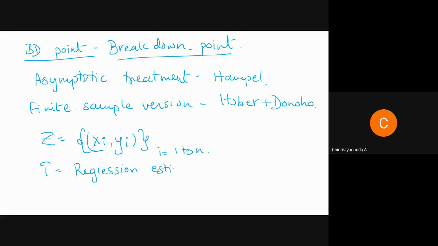In general, it can be anything, like the least median squares estimator. So what we want is to find some parameters based on this input data, which is the estimated parameter. It can be a vector also, in the most general case. So it is the regression estimator.